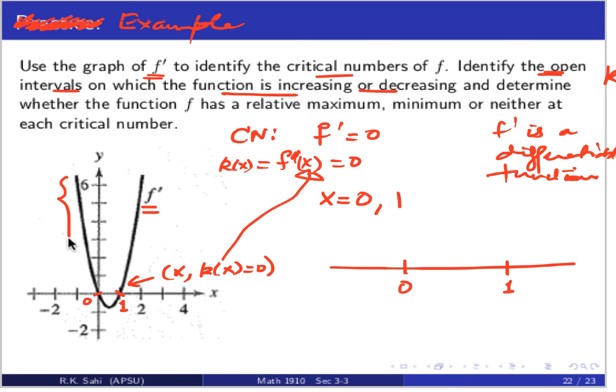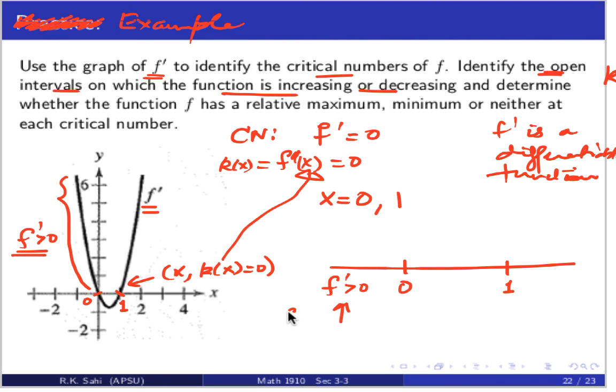From the graphical point of view, this is a graph of f prime. Every value of f prime over here above the x-axis is positive. So anything less than 0 on the x, the value of the function is positive. That means here f prime is positive.